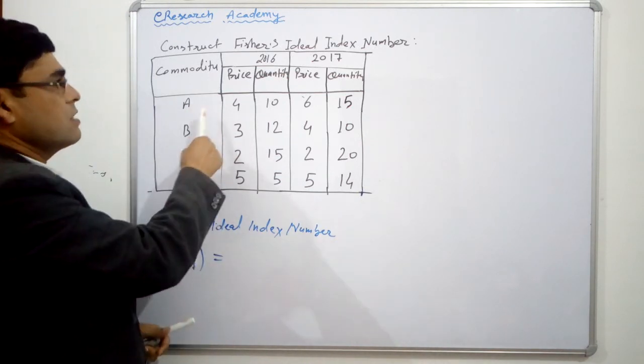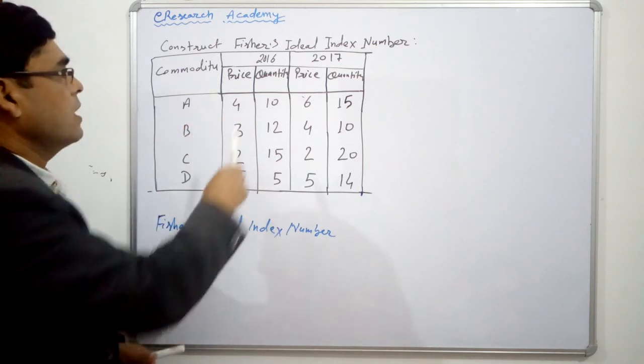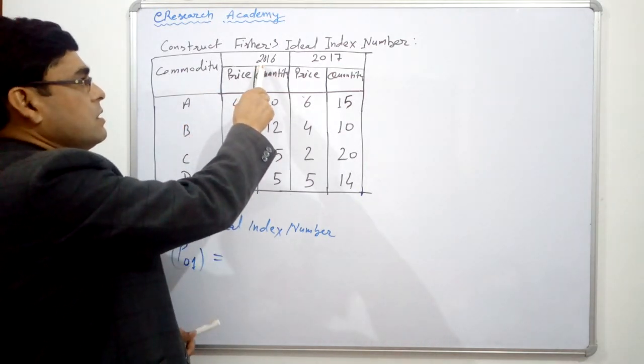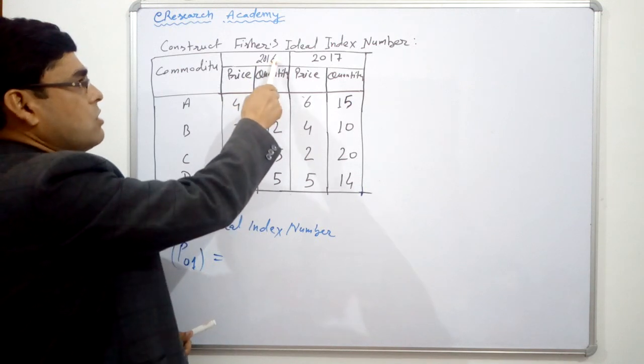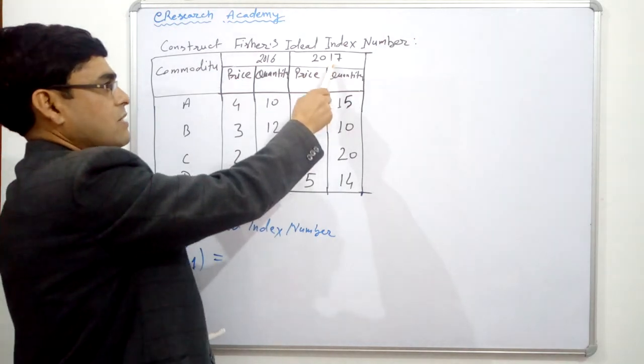We are given some information here in the form of commodities A, B, C, D, and these are the prices and quantities for 2016, and these are the prices and quantities for 2017.